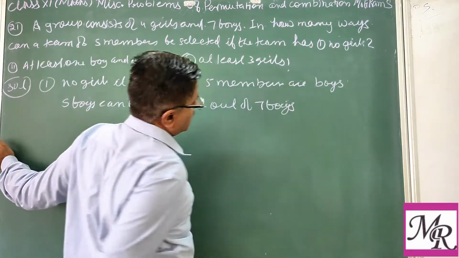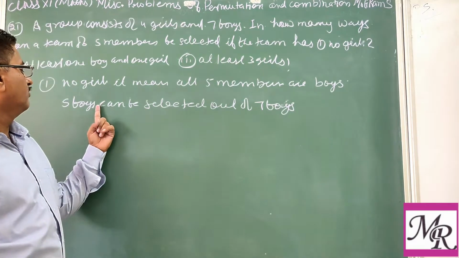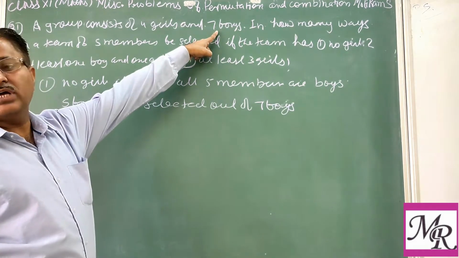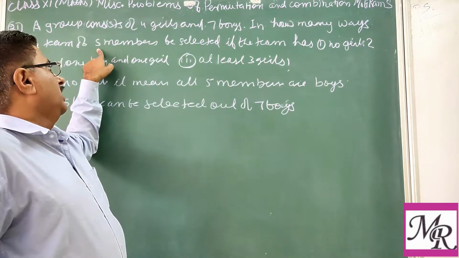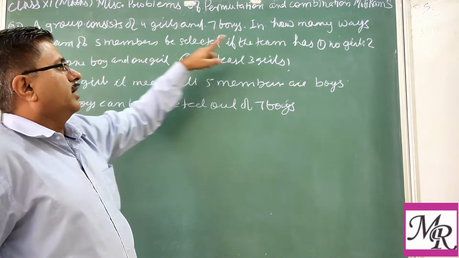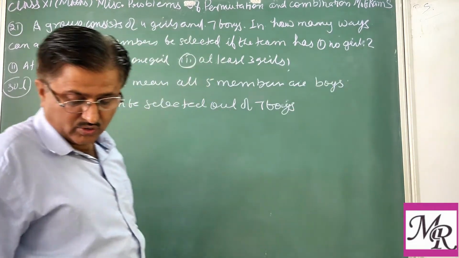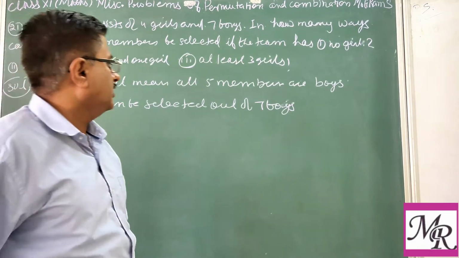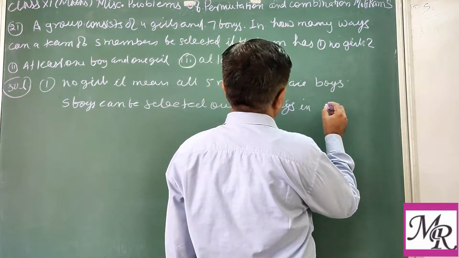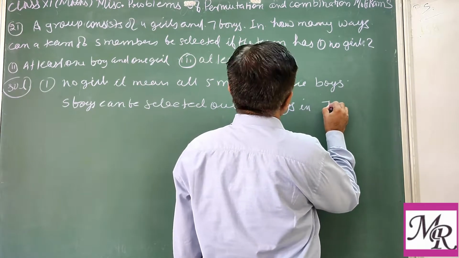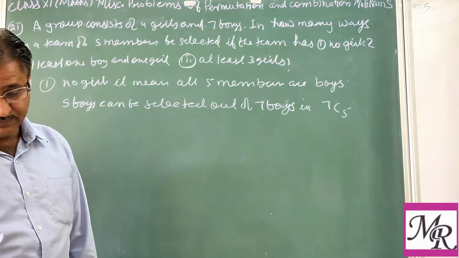Available boys are 7, so out of 7 we have to select 5. The condition says no girl, it means all are boys. So in how many ways can you select boys? 7C5. Clear?